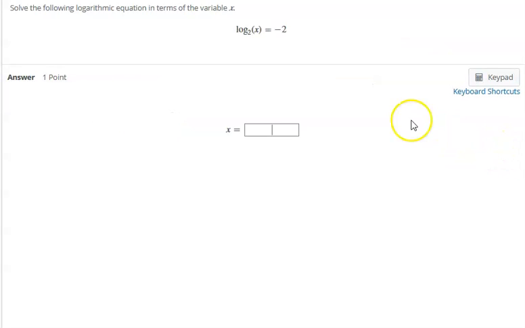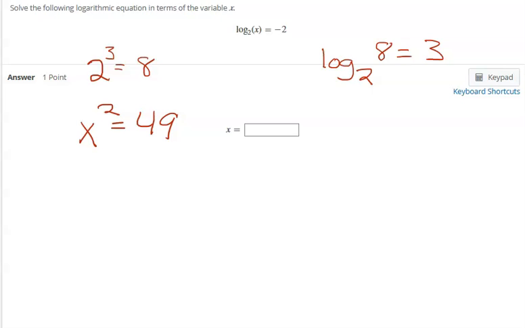This is our last one. Now, solve the logarithmic function in terms of x. So using what we had before, I think we can bring that back as an example. Just erase this part here. So our base is 2. Our exponent is a negative 2.